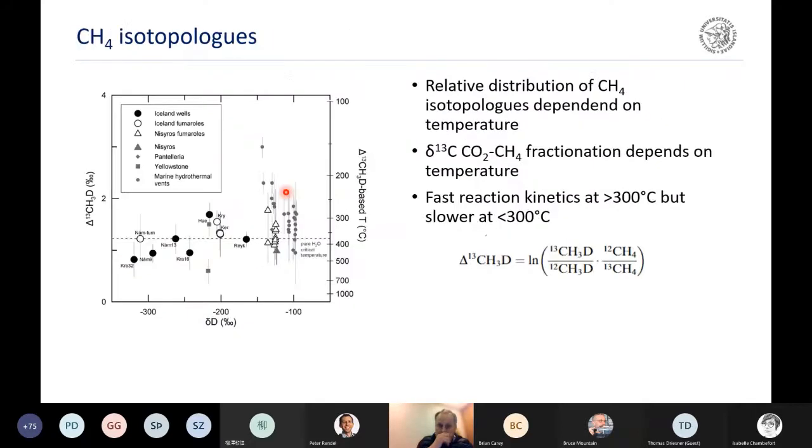And the way we do this is that this isotope exchange reaction is relatively fast at temperatures above 350 degrees, and very slow at temperatures below 300 degrees. So within conventional or subcritical geothermal systems, this isotope exchange reaction is very slow, whereas within presumably supercritical reservoirs, it can be much faster.